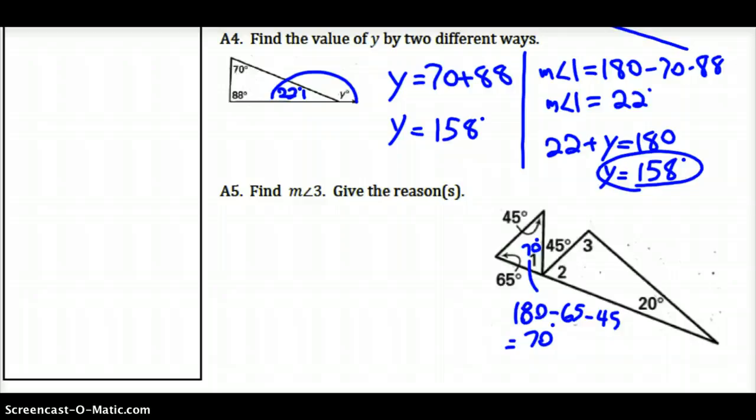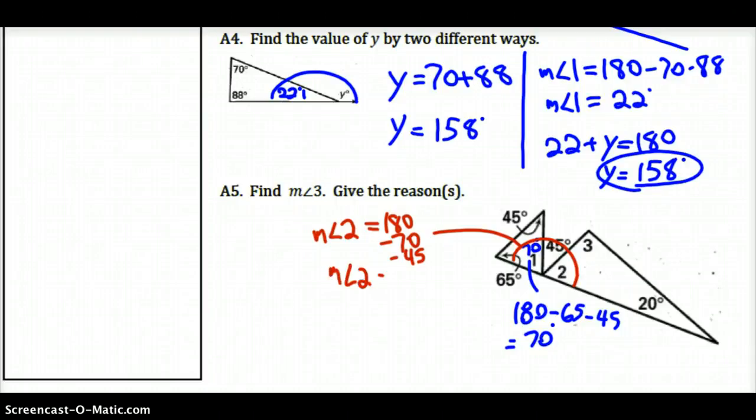Then I know that these three angles add up to 180. So the measure of angle 2 equals 180 minus 70 minus 45, which means the measure of angle 2 equals 65 degrees.